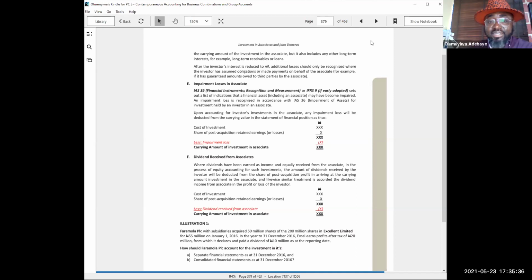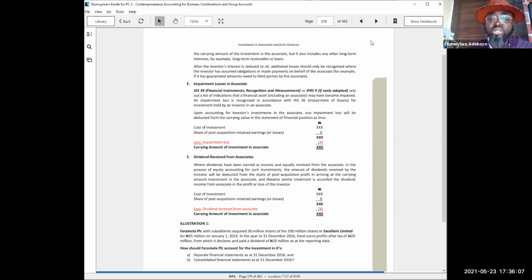No, what we are saying is this. If your share of loss in an associate is such that it has eroded all your investment, therefore you discontinue the recognition of additional share of losses because you're already at ground 0, which means you only recognize share of loss to the extent that it brings your investment to 0. Now, the only time you continue to recognize such share of loss is to the extent of any obligation you are to assume on behalf of the associate.